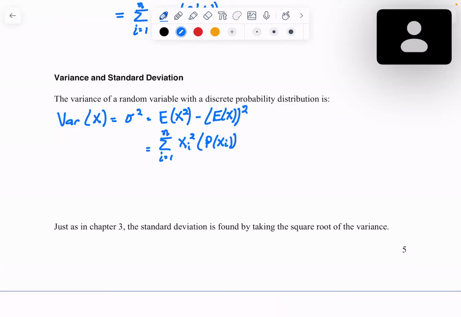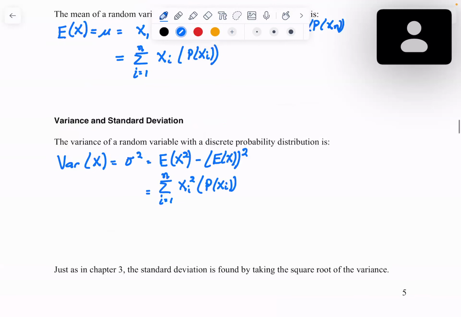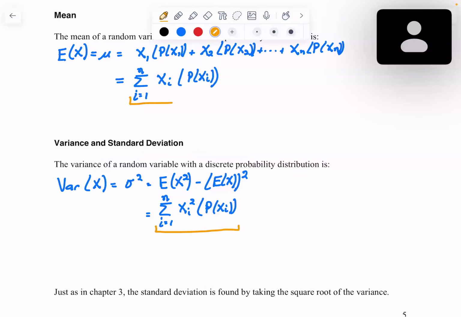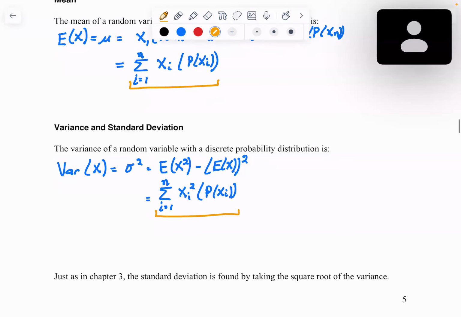So does anyone notice the difference between this here and this here? What is the difference? It's a slight difference, but it's what? Yeah, the squared, right? In this calculation here at the bottom, we have xi squared. And here we just have xi to the first power.